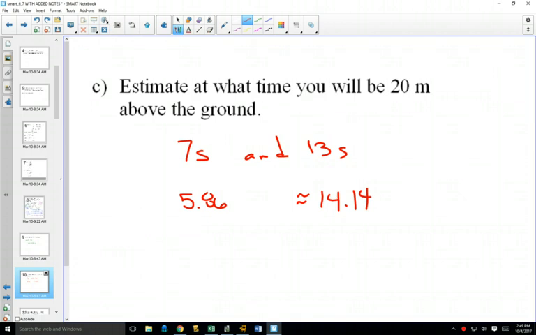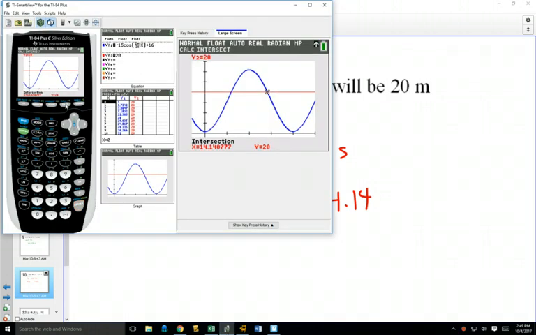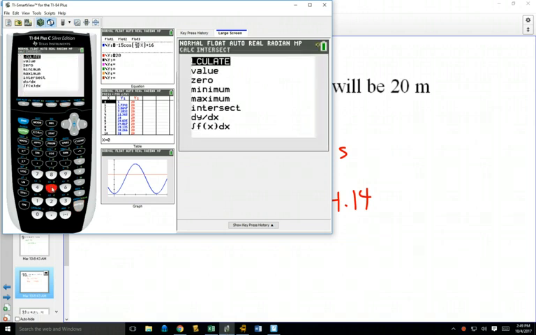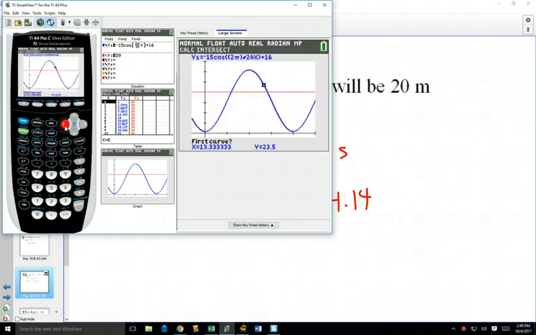If I know this one's 14.14, how did I know that one was 5.86 without my calculator? Maybe I'm just lying. Maybe we're wrong. Maybe we should check, right? Second, calculate, intersection. 5.86.